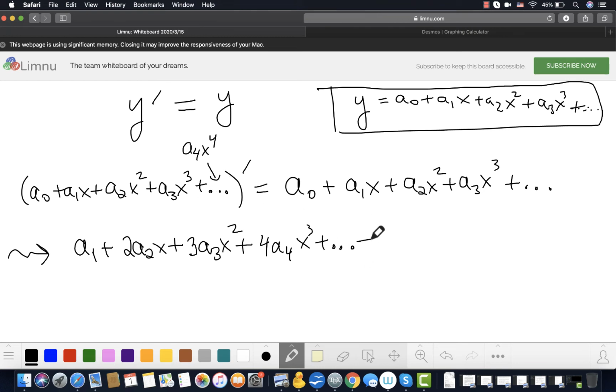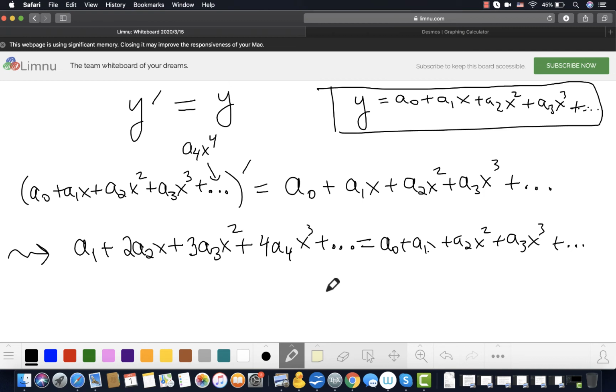This should equal the right-hand side, which is just a0 plus a1x plus a2x squared plus a3x cubed plus dot, dot, dot. But these two expressions should be equal as functions. They're true for every value of x.